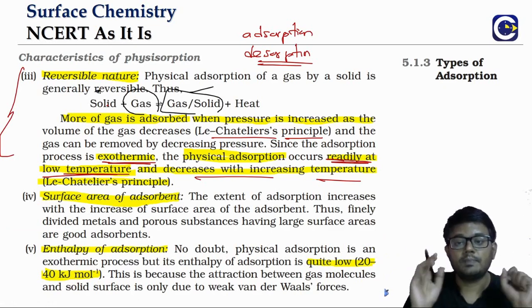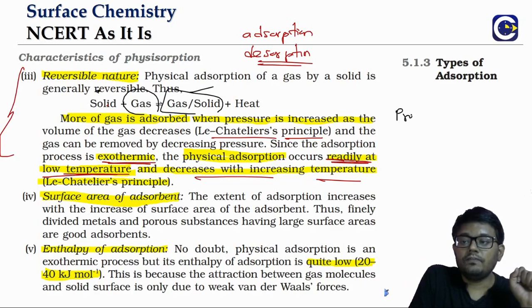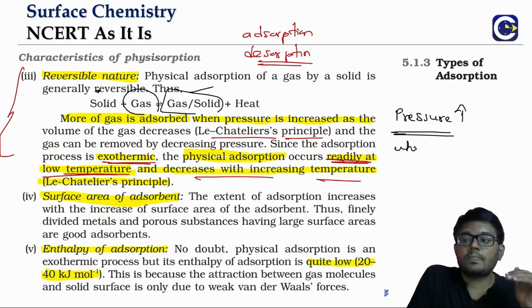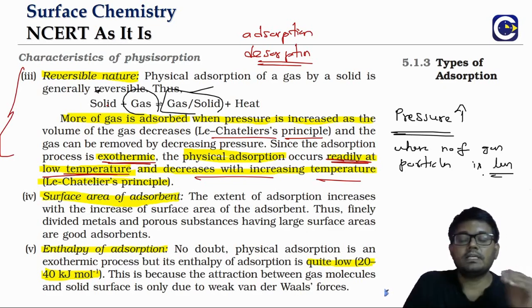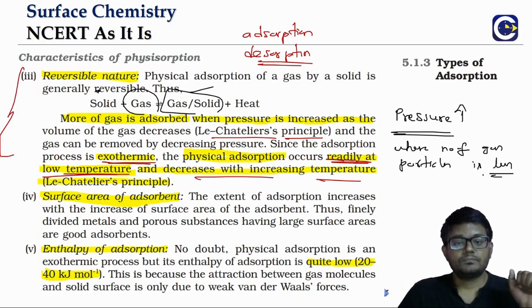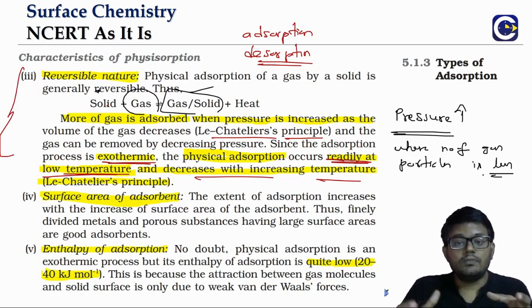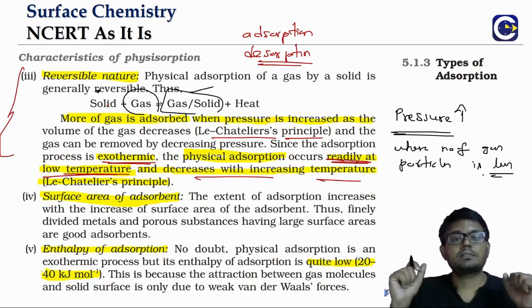Remember, what is the Le-Chatelier principle idea? If we increase the pressure, the reaction will go in a direction where the number of gas particles is less. That is the Le-Chatelier principle guideline, right? So maybe you can go and check the idea of the Le-Chatelier principle once, on how equilibrium will be shifted when you change the parameters.